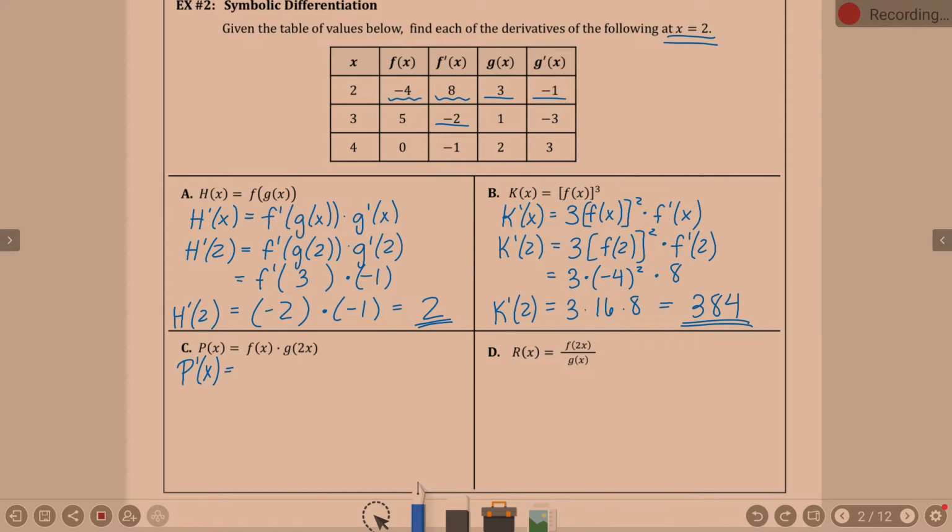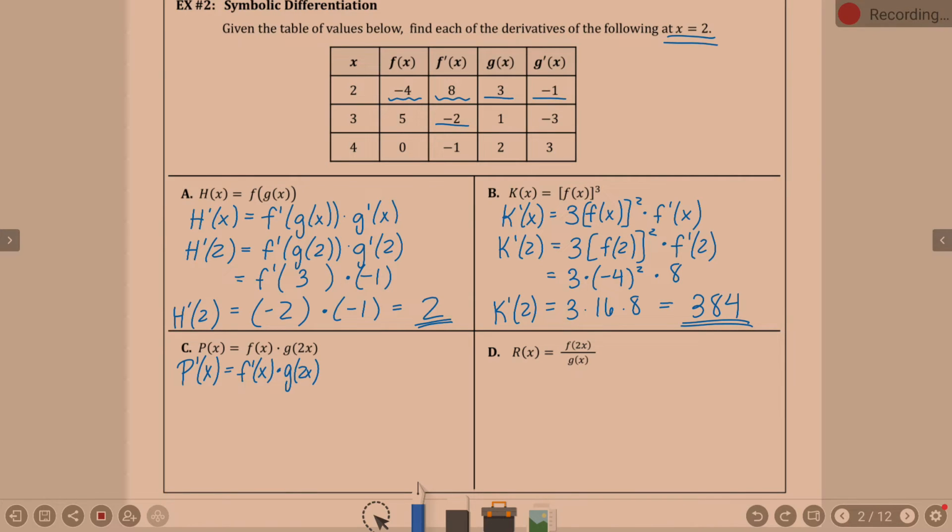Okay. So derivative of one, keep the other. I tend to do derivative of the first. Honestly, I feel like every time I look at the answer key here, they tend to do the other way. So I don't care what you guys do. So derivative of one of them, I'm going to say f prime of x, keeping g of 2x.